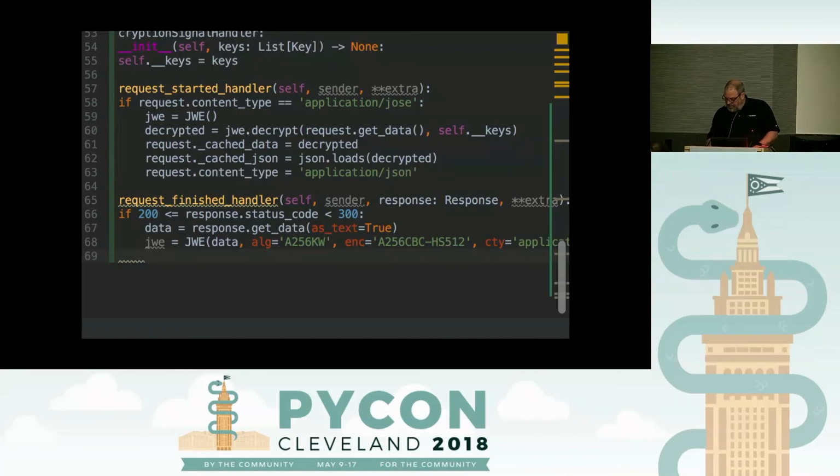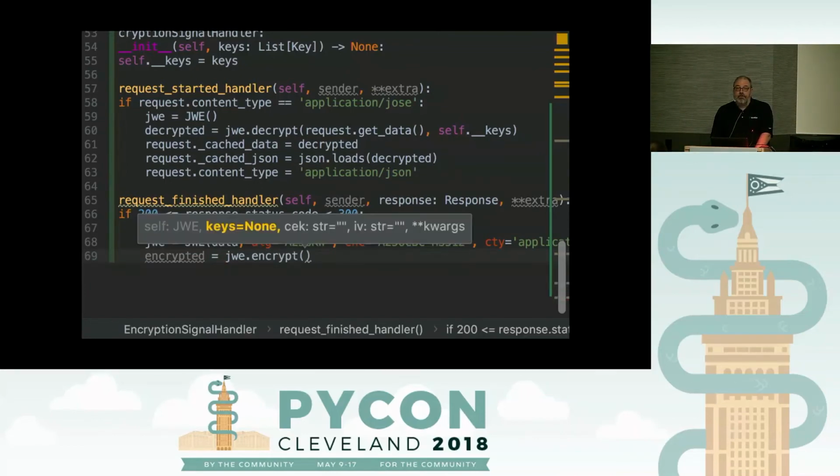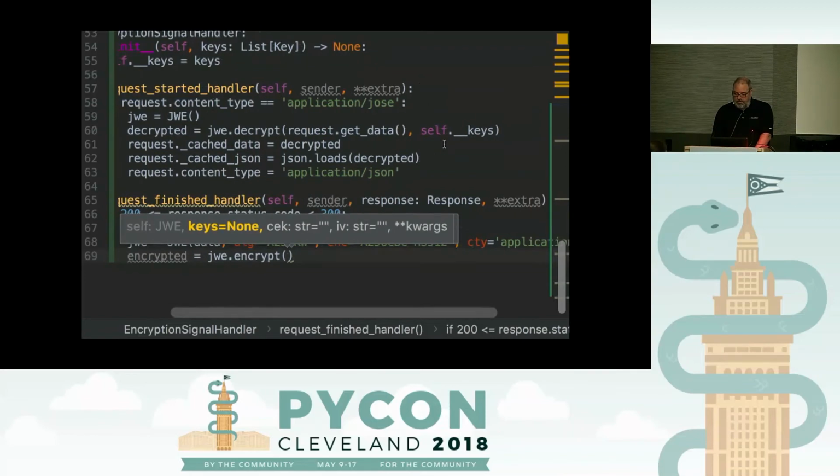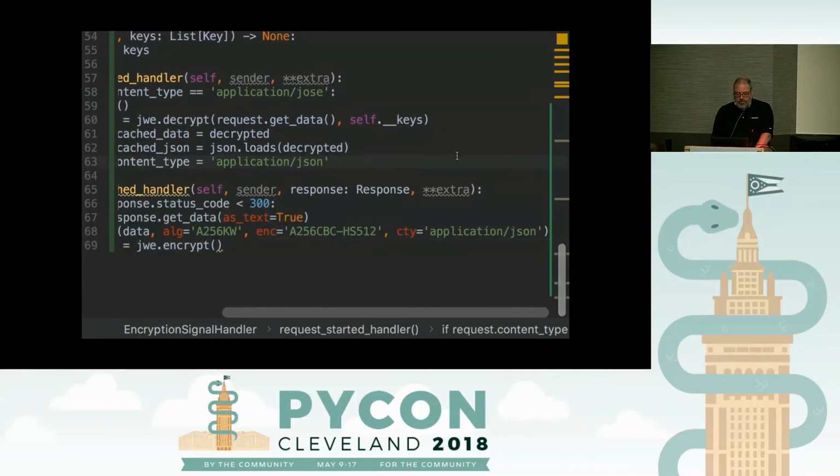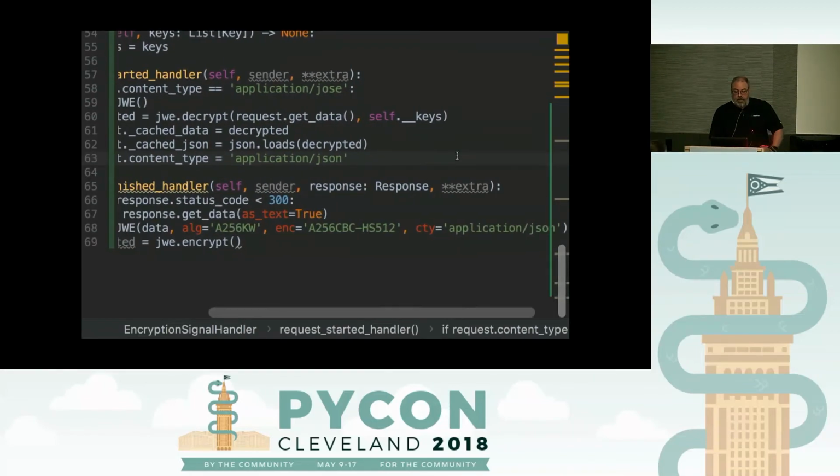Okay, so now we need to actually encrypt it. And encrypted is going to be JWE encrypt. Question? Could you read out the keywords there that are difficult to read? Sorry, ALG.